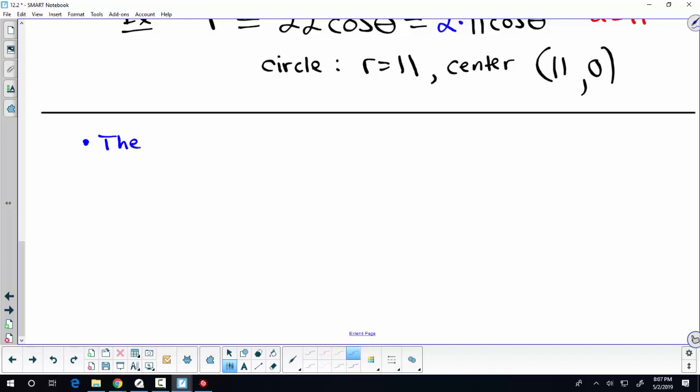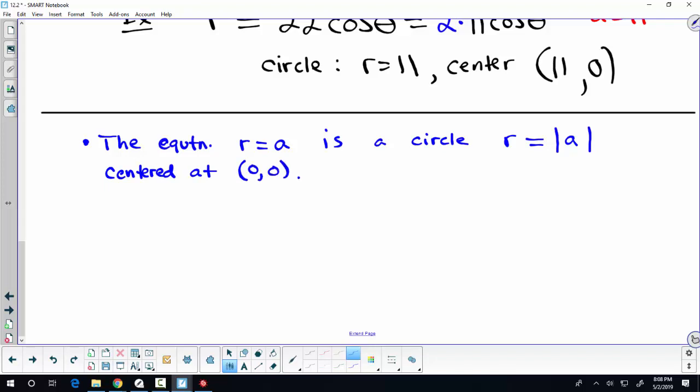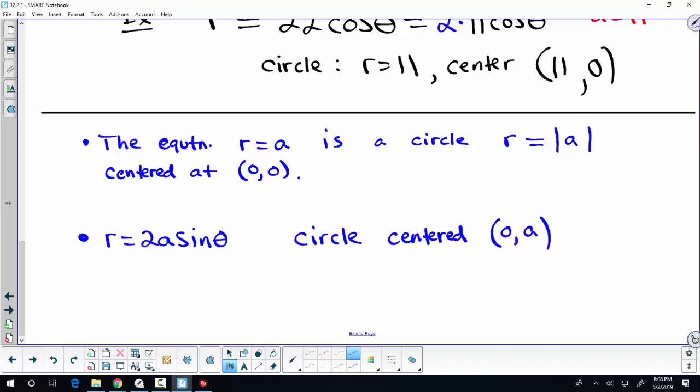The equation r equals a is a circle of radius absolute value of a centered at 0, 0. r equals 2a sine theta is a circle centered at 0, a with a radius, again, absolute value of a.